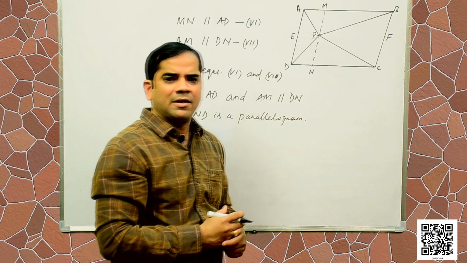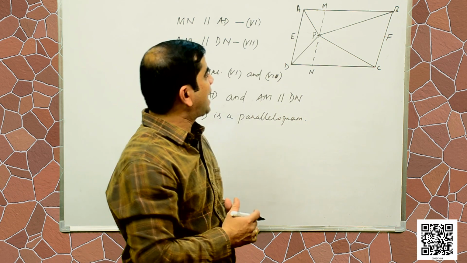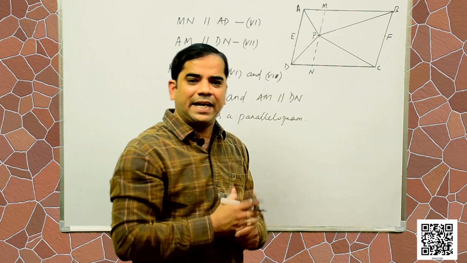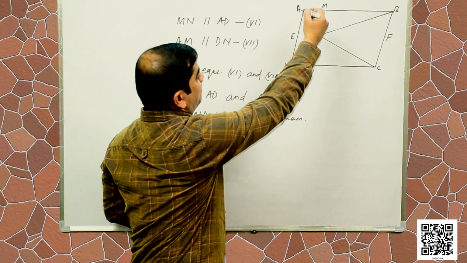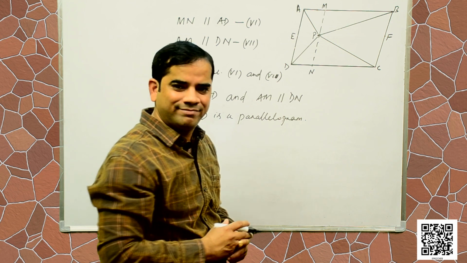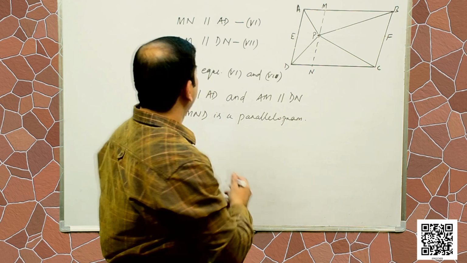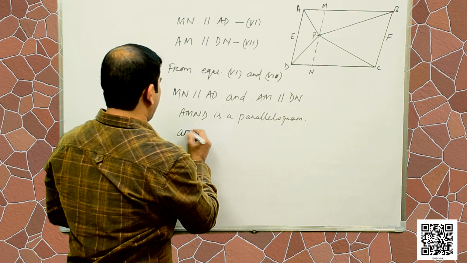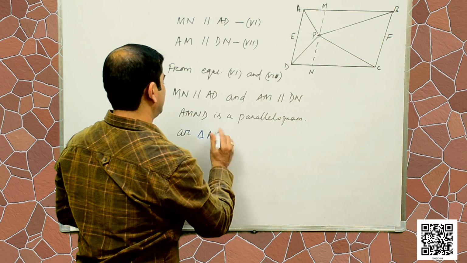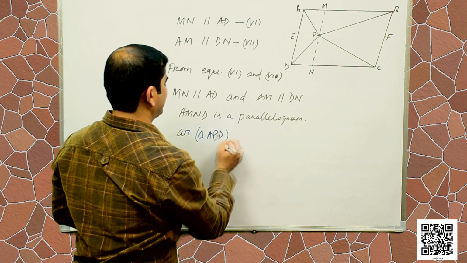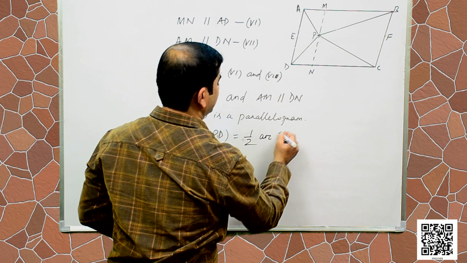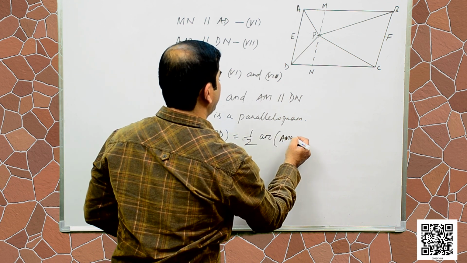It can be observed that triangle APD and parallelogram AMND are lying on the same base AD and between two parallel lines AD and MN, isn't it? So area of triangle APD is equal to half of area of AMND.